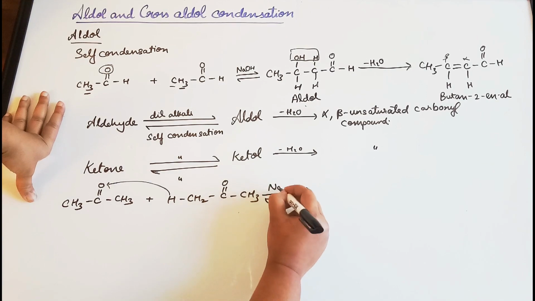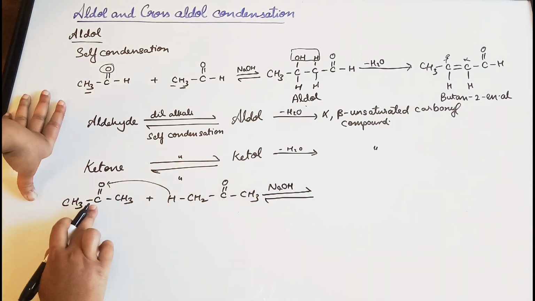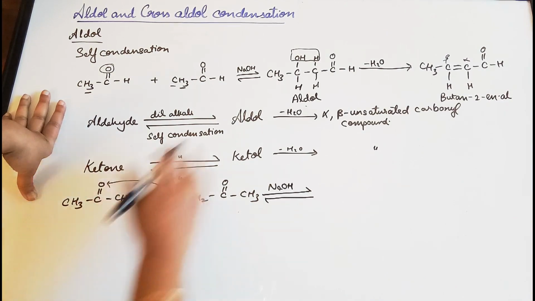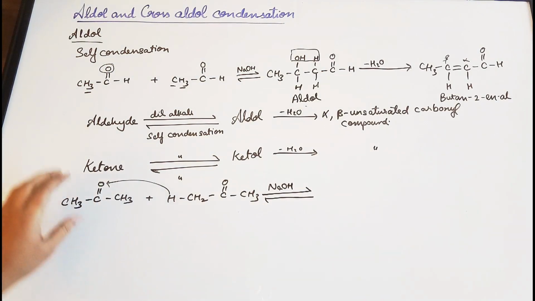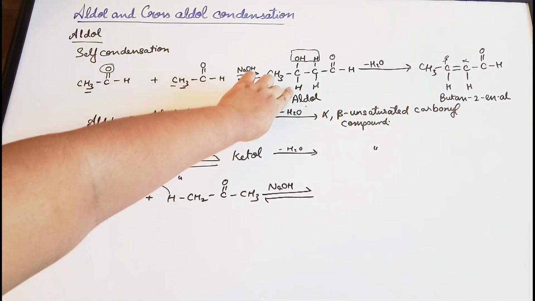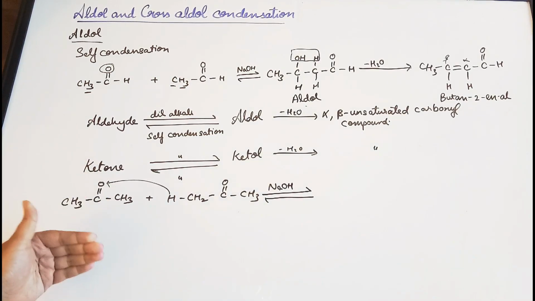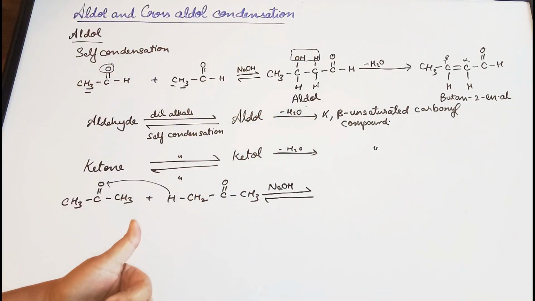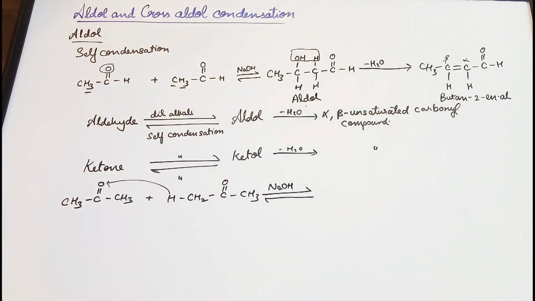So NaOH, and here, like the last time, we had a hydrogen here, but this time, when we are having a ketone, we are going to have a CH3 group here, and in this place also we are going to have a CH3 only.